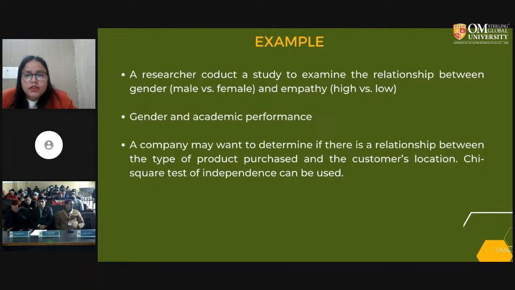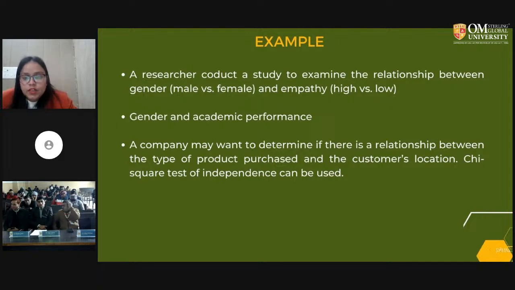For example, a researcher wants to conduct a study to examine the relationship between gender and empathy. You can see both the variables, gender and empathy, are categorical in nature, where gender has two categories, male and female. Empathy also has two categories, high empathy or low empathy.